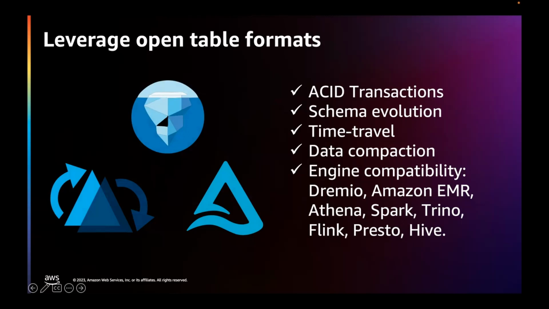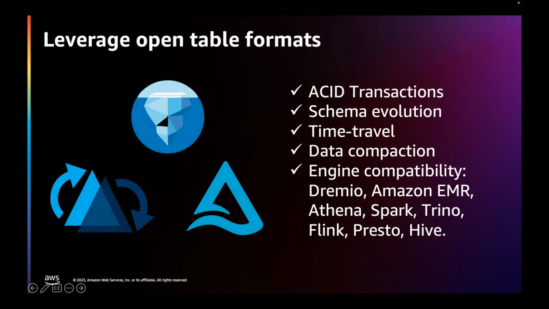So one of the nice things about using Amazon S3 as the storage layer for your data lake is that you can store the data in the format that you want, or the format that is more optimum for the specific task that you want to accomplish.